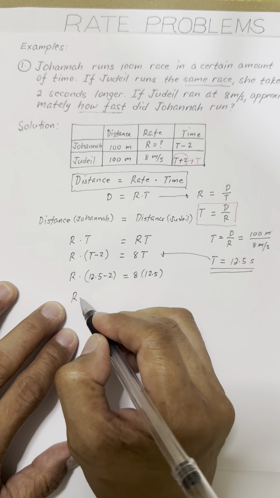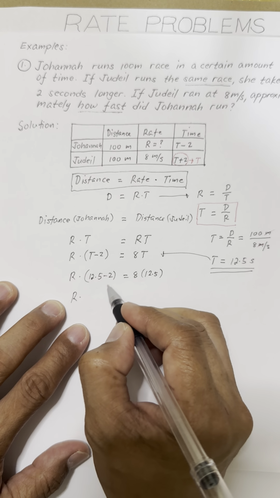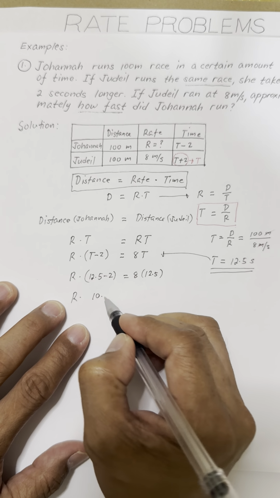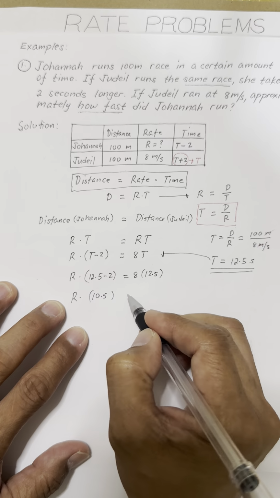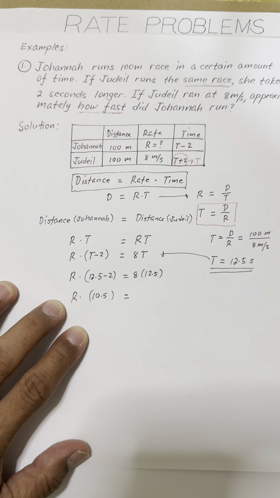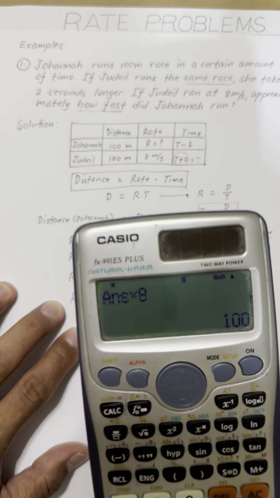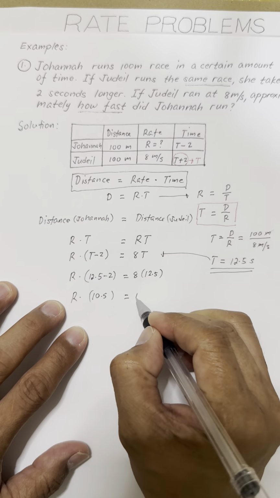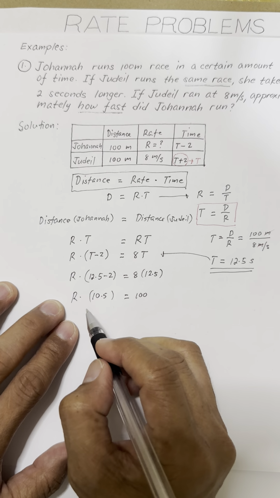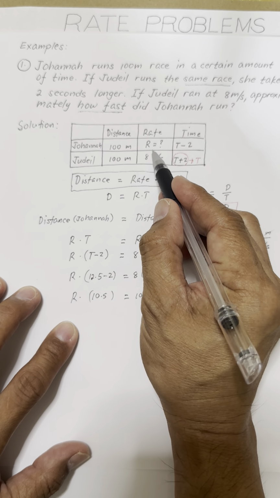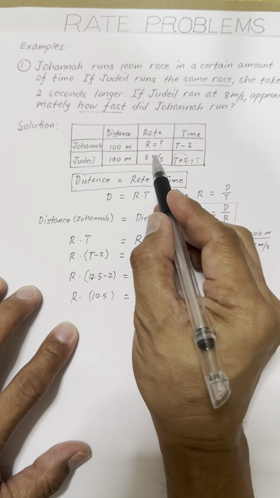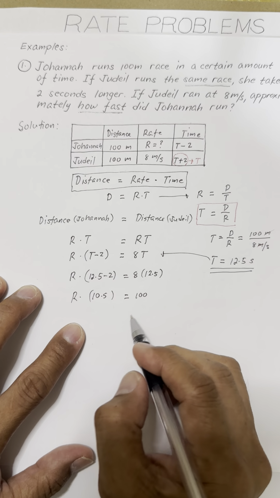So R times 10.5 is equal to 8 times 12.5, which is 100. So to solve for R, which is what is asked in the problem, how fast did Johanna run, we need to solve for R.